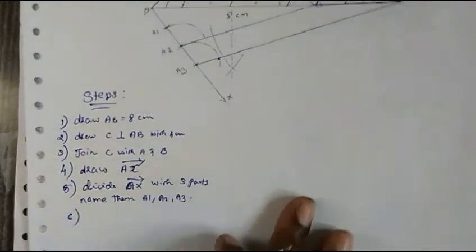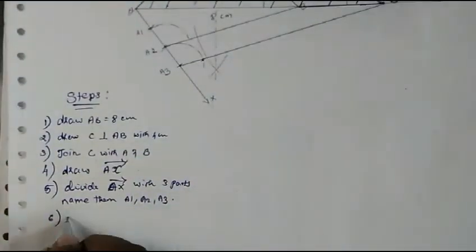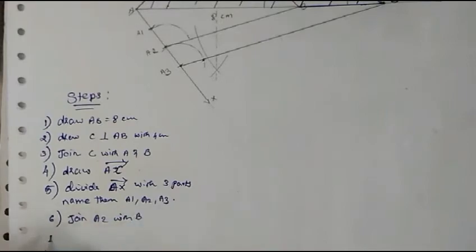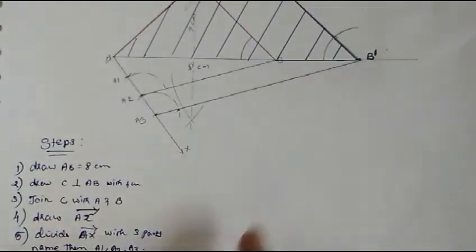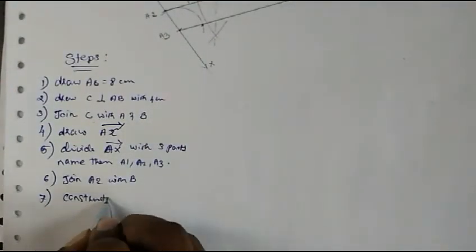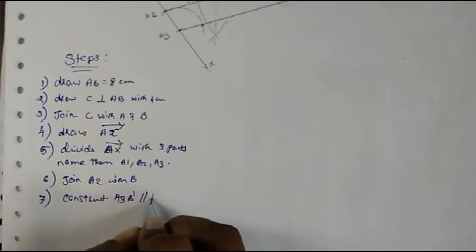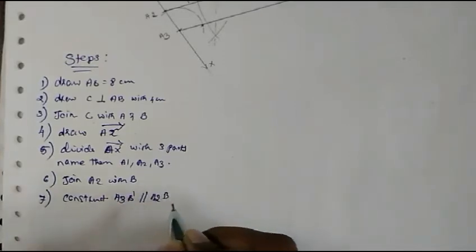Then join A2 with B. Then we constructed a line parallel to this. So construct A3 B dash parallel to A2 B.